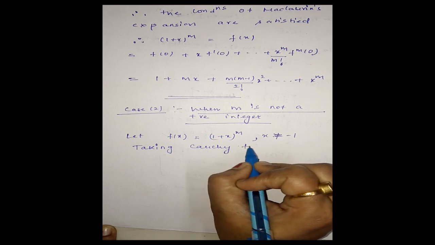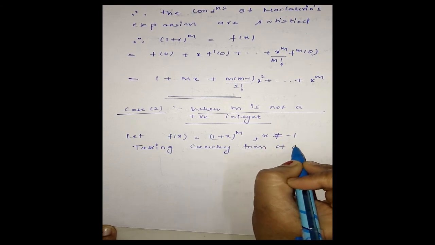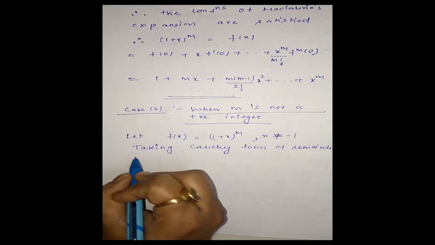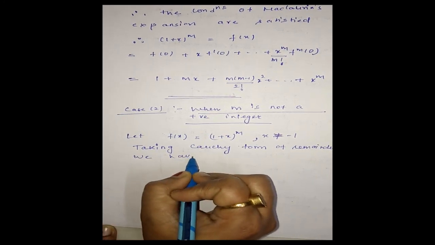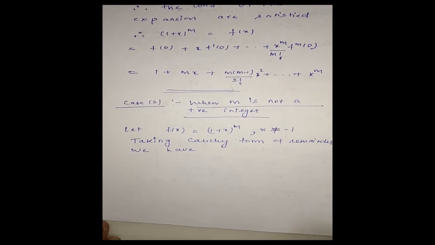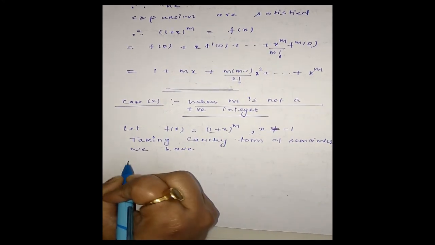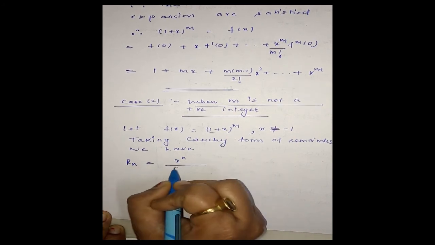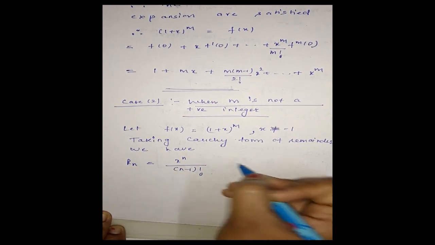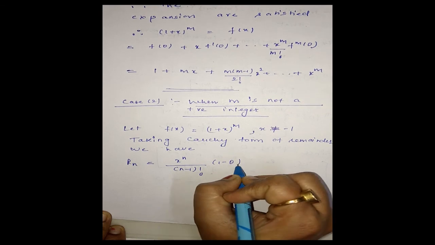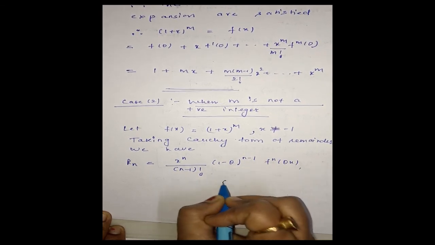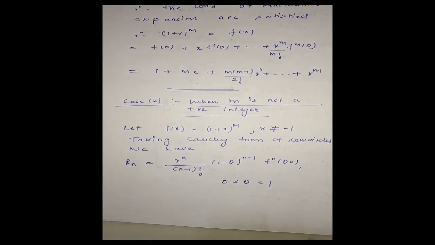Taking Cauchy's form of remainder, we have R_n = x^n/(n − 1)! (1 − θ)^(n − 1) f^(n)(θx), where θ lies between 0 and 1.